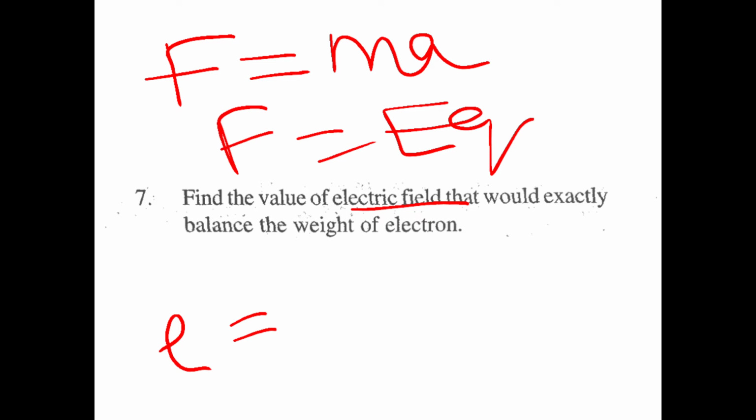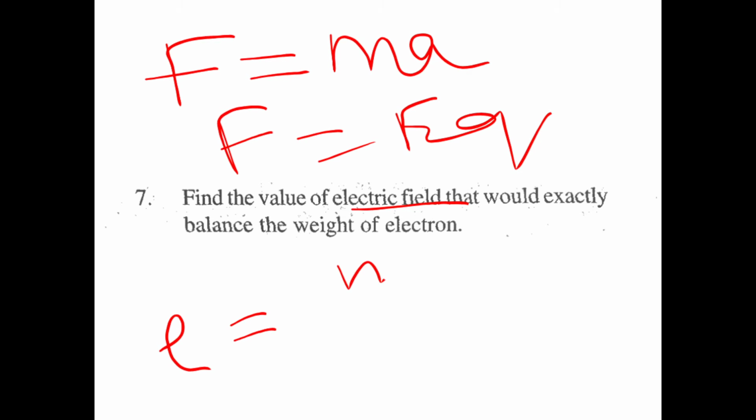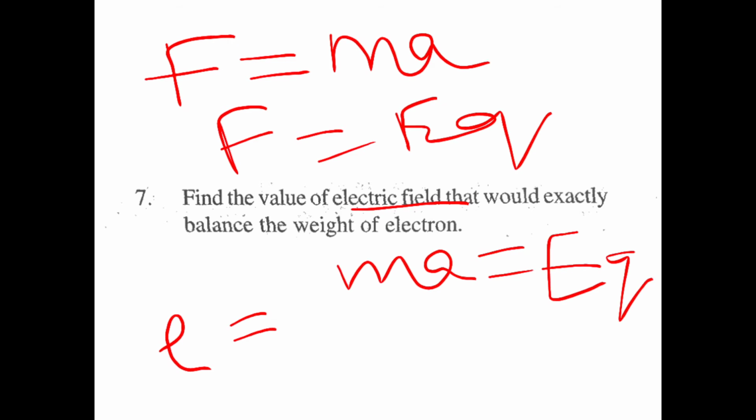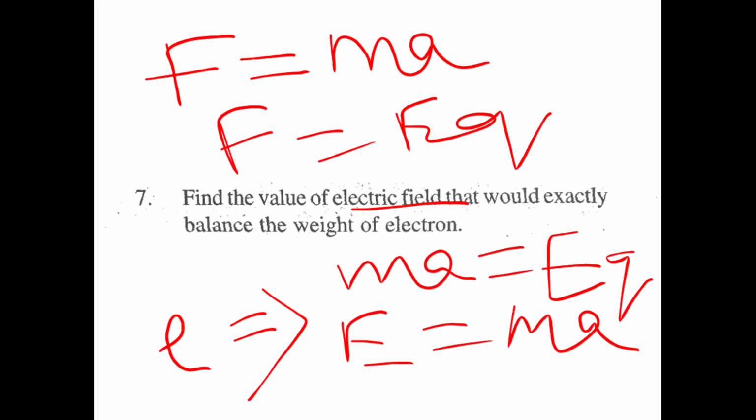So ma is equal to EQ. That means E is equal to ma by Q, with the mass of the electron, the acceleration due to gravity, and the charge Q.